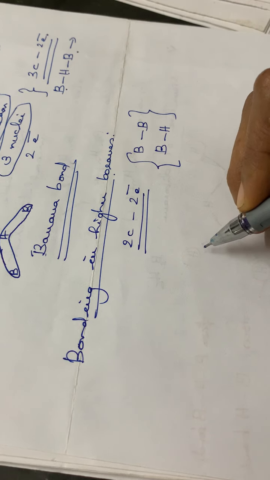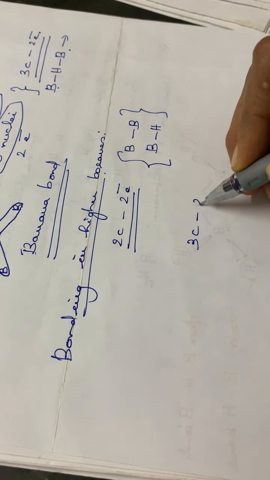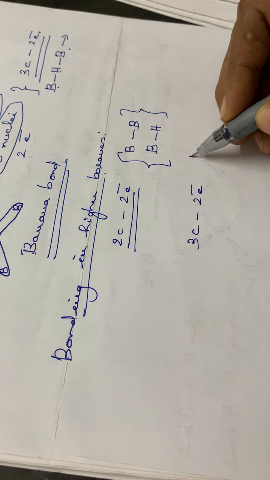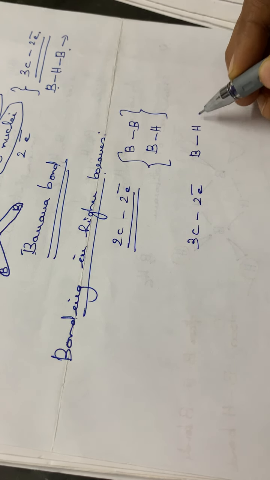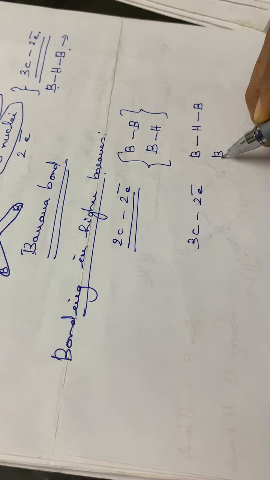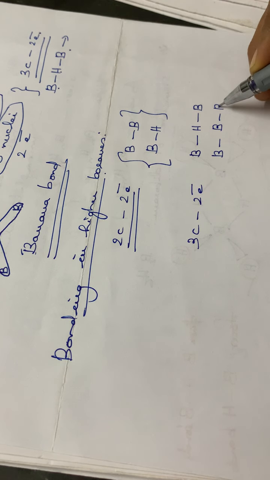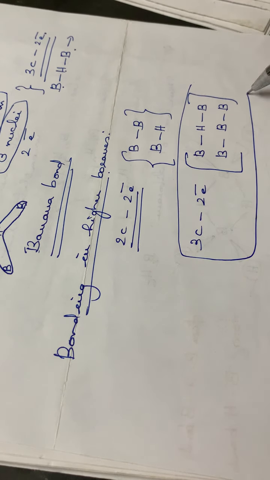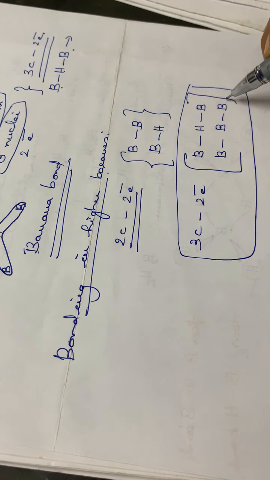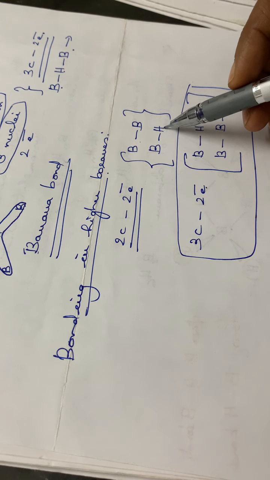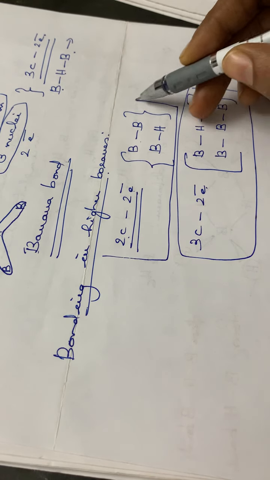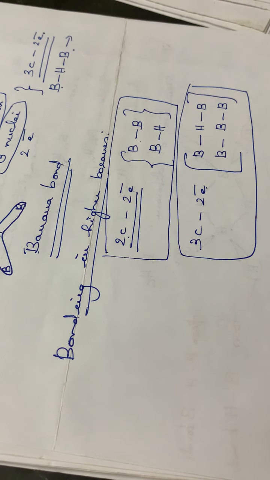Then again there will be 3 center 2 electron bonds that we have seen now. That means it can be BHB bonds, or it can be BBB bonds. So BHB or BBB can form 3 center 2 electron bonds, and BB and BH can form 2 center 2 electron bonds. That is regarding the bonding in higher boranes.